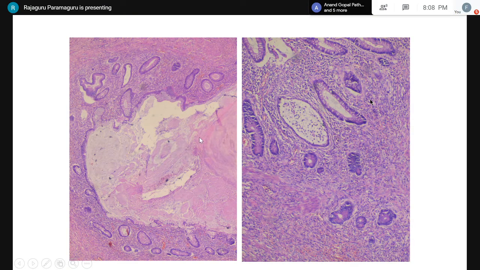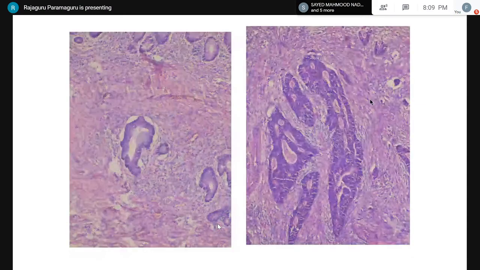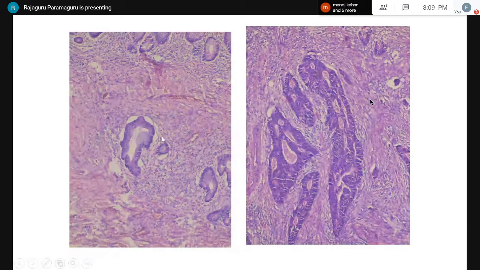The epithelium is more or less benign, lined by cells which look similar to the surface epithelium. So they are not malignant appearing, so it's easy to differentiate. Here again, these epithelial misplacements are lined by benign looking epithelium, and they are surrounded by a good amount of lamina propria.